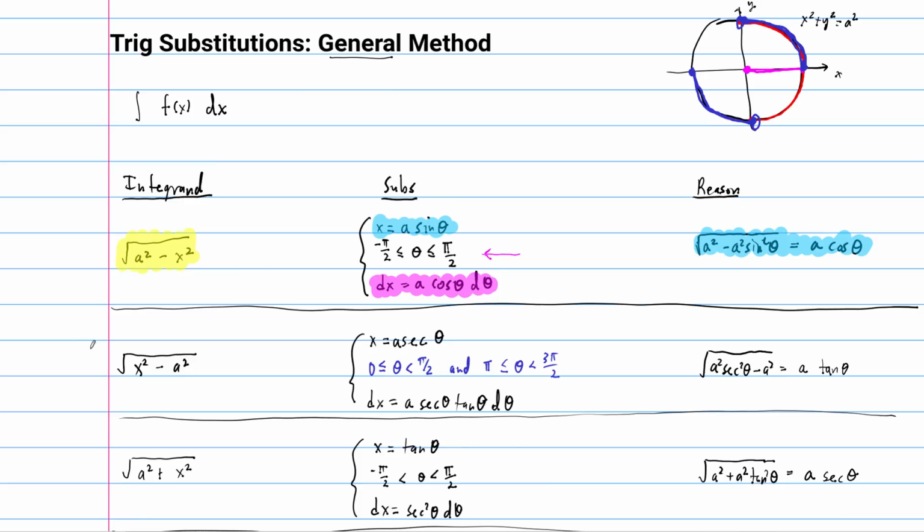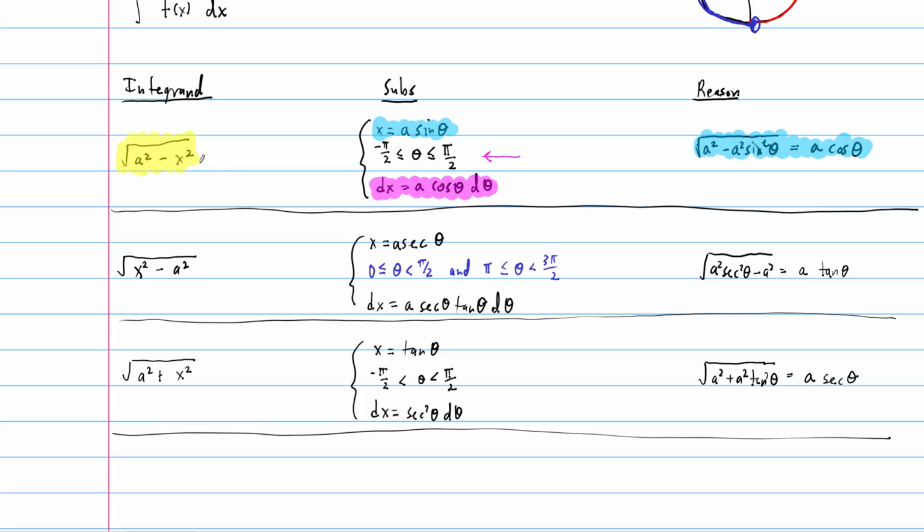As you look through this table, a squared minus x squared, that's going to be sine. So you're going to make your x equal to a sine of theta. x squared minus a squared is secant theta. If you just remember the Pythagorean identity, you can remember all of these. The one that I remember by kind of a trick is the last one here, because this is the only one with a plus sign, and a plus sign kind of looks like a t, right?